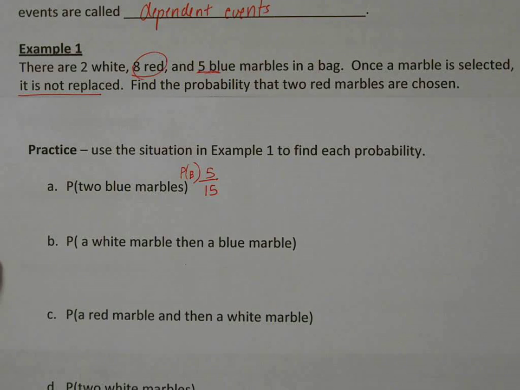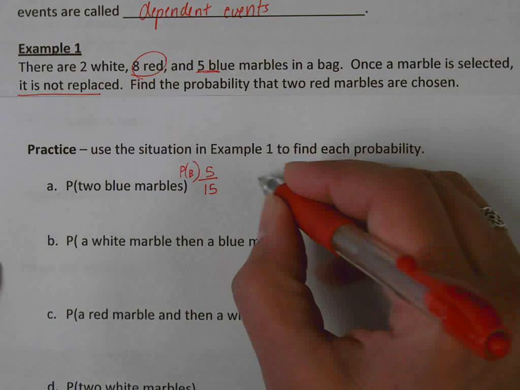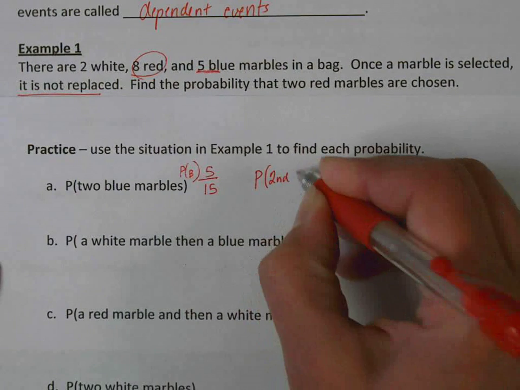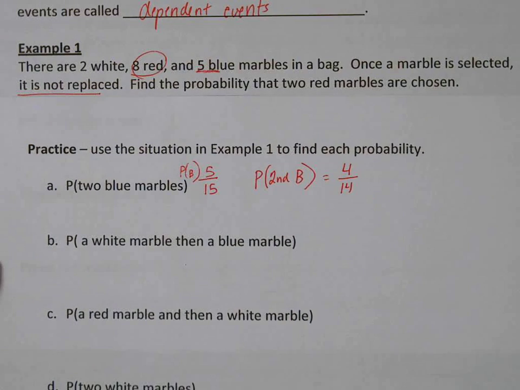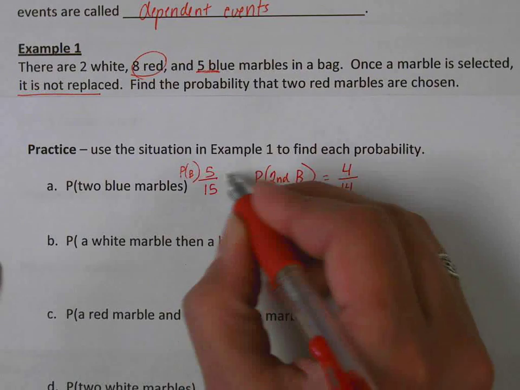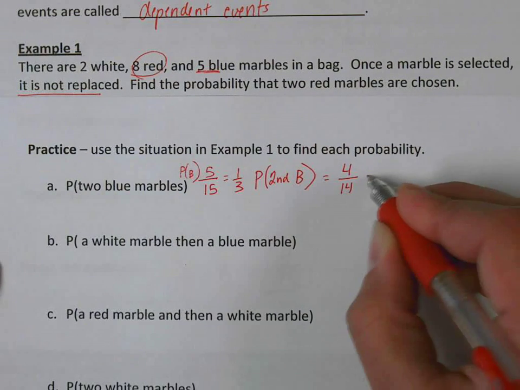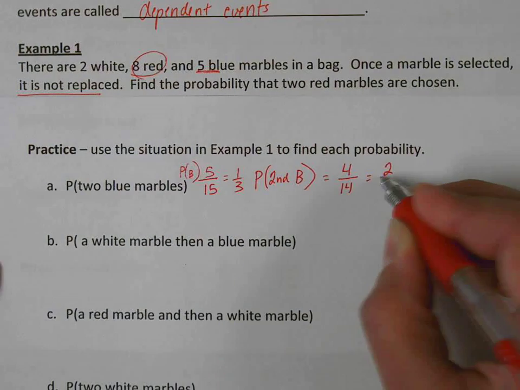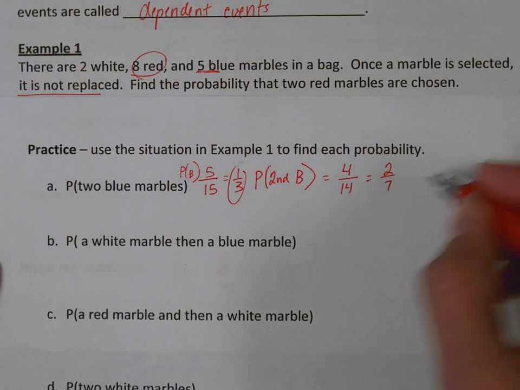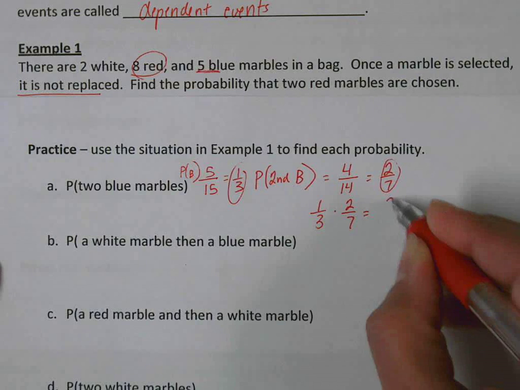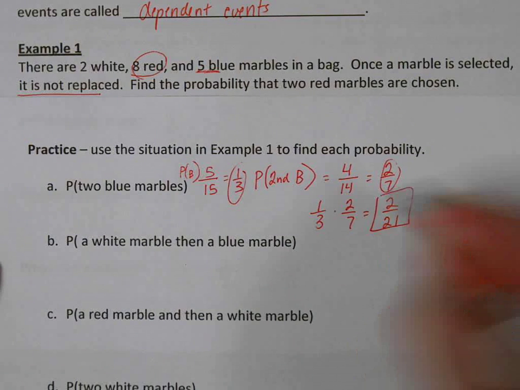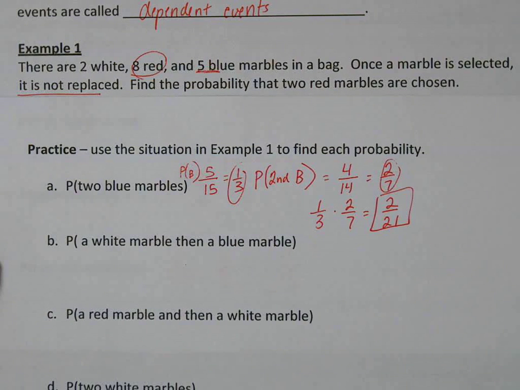If I draw a blue one and don't replace it, the probability that the second one would be blue would be 4 out of 14. I took 1 away from the blue and 1 away from the 15. So this reduces to a third, and this reduces to 2/7. So I'm going to multiply a third times 2/7, and I get 2 out of 21. I have a 2 in 21 chance of getting 2 blue marbles.